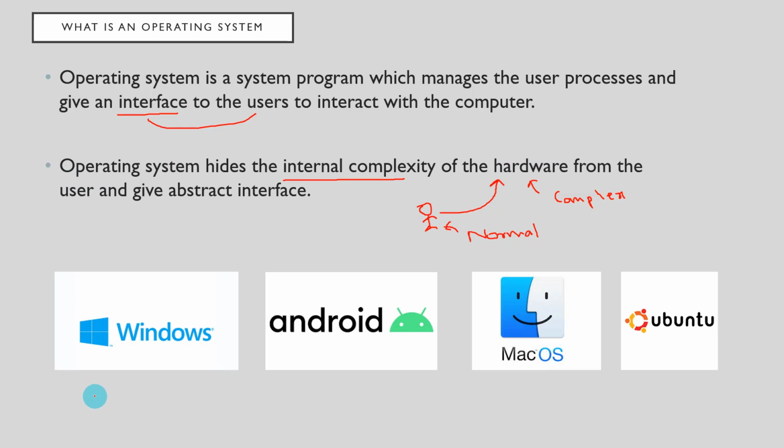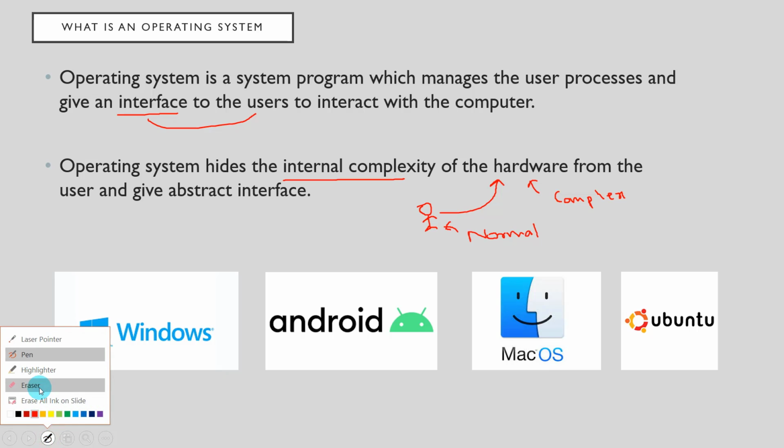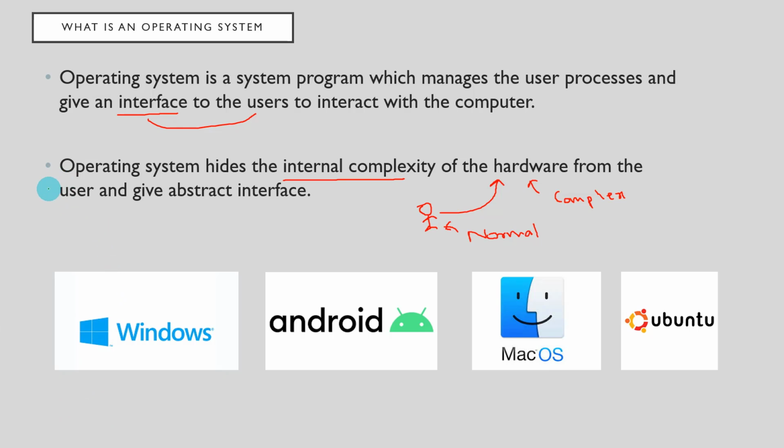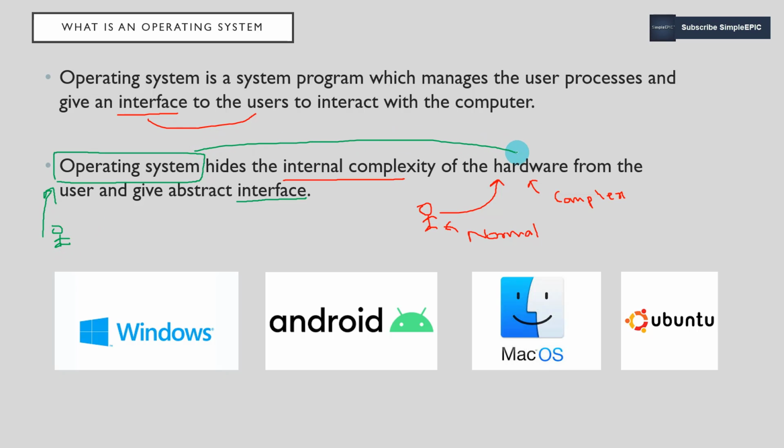But if we provide an interface to the users to deal with the hardware, then it will be much easier and much more efficient for the users, and also user friendly. So that is the reason the operating system was invented. Basically, the operating system gives an abstract interface to the users, users deal with the operating system, and the operating system deals with the hardware.